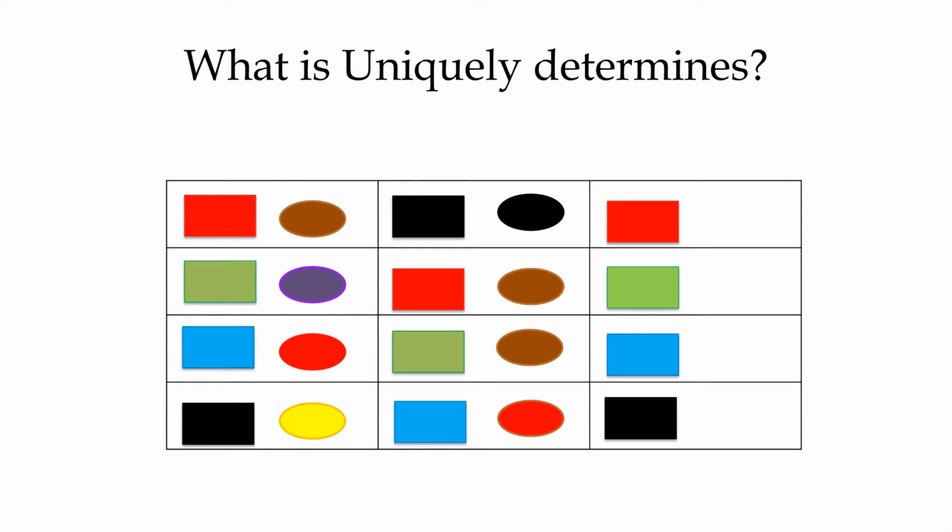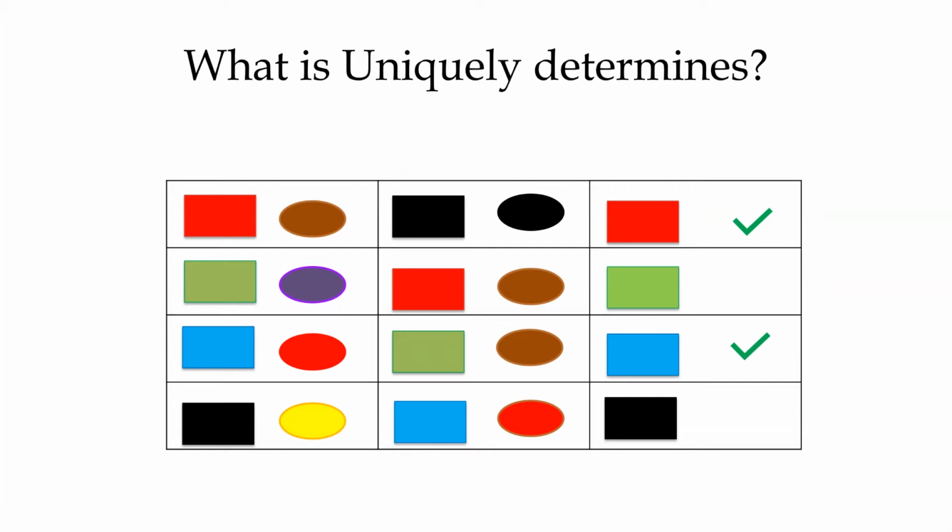Similarly in the second column you can see again the same red rectangle determines the brown oval. Similarly the blue color rectangle always determines the same color oval. So we can say the red and blue rectangles uniquely determine their oval shape.